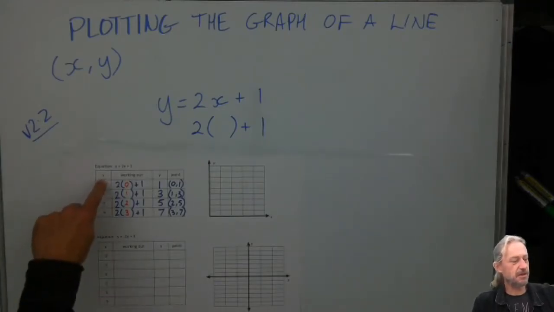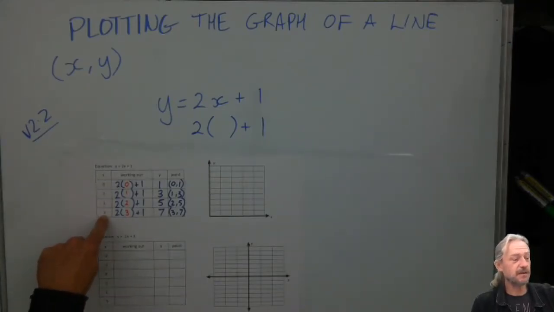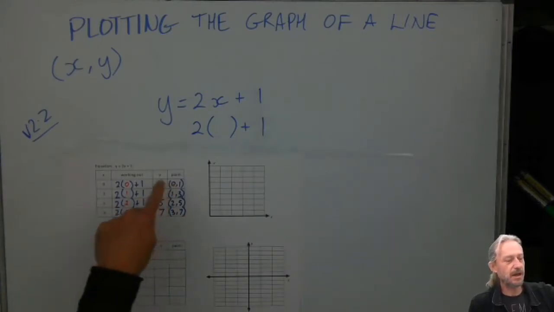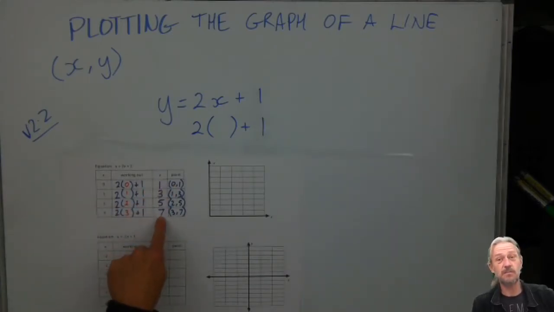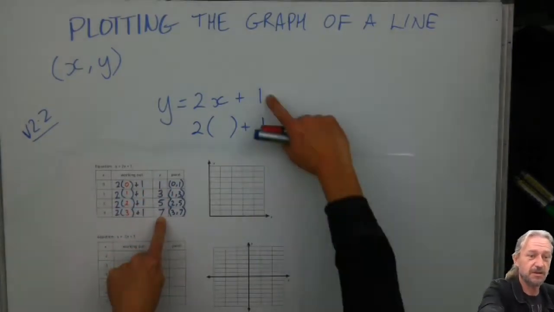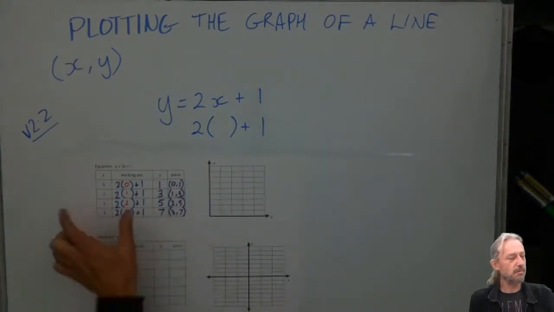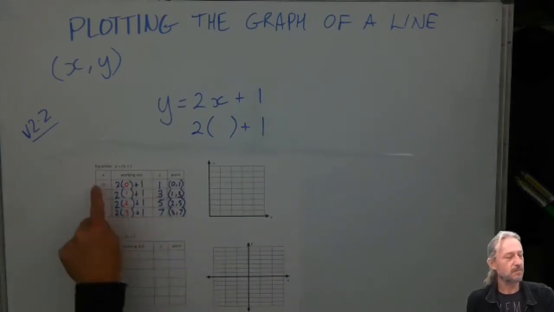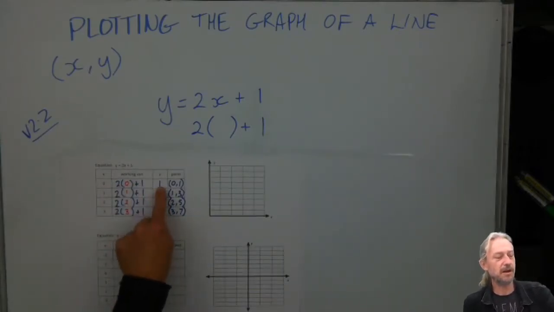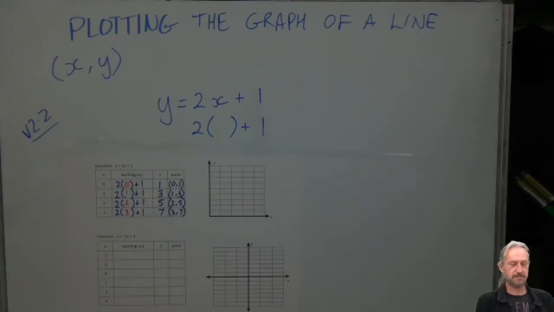So we've substituted in a range of values for x, and it's generated corresponding y values based on this equation, and that has allowed us to combine those, the number we plugged in and the number we got out, as a coordinate. So now that's the maths bit.